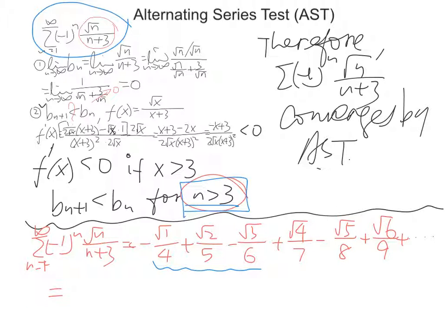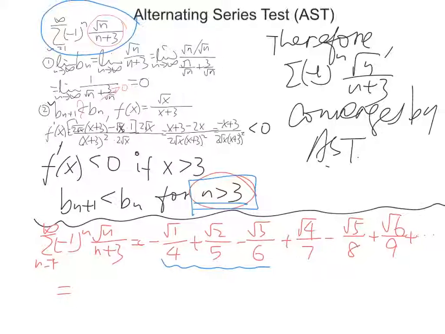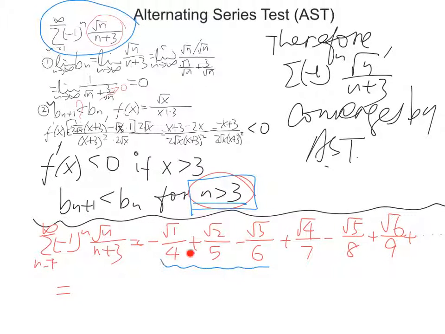The first term, square root of 1 over 4, that's 1 over 4, which is 0.25. So negative 0.25. Then the next one, square root 2 over 5.